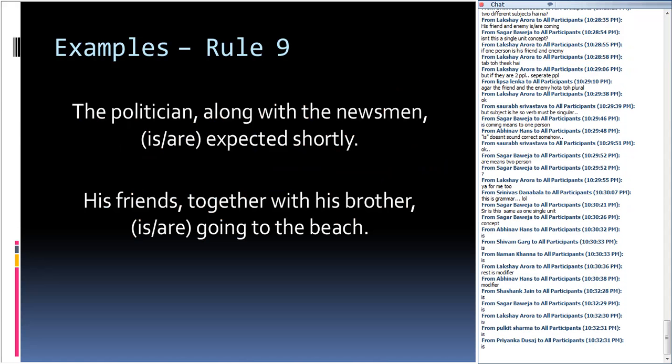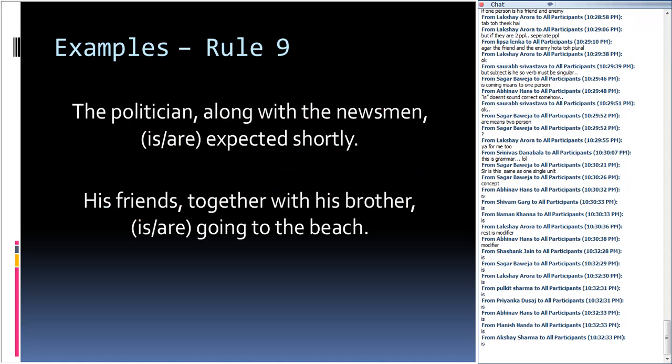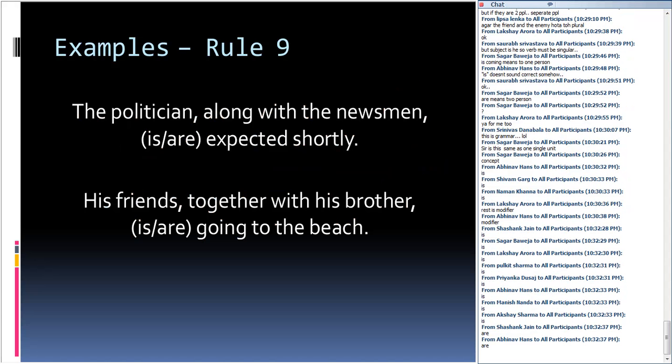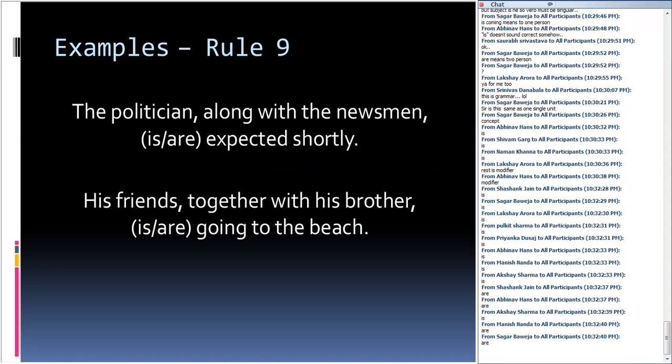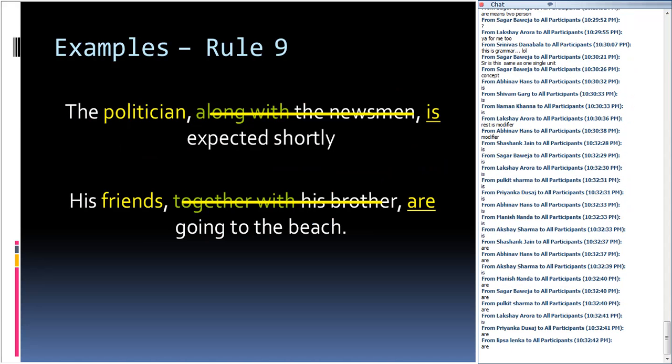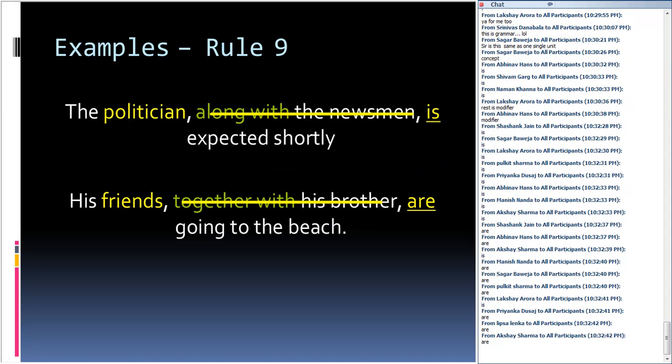Should be is. Okay. His friends together with his brother is or are going to the beach. Are going to the beach. Why? Because ये सब modifier हैं. Now over here, what is happening is that I have put the additives in between the commas. Commas के बीच में लगा दिया मैंने, but वहाँ पे जरूरी नहीं है कि हर चीज comma के बीच में हो.